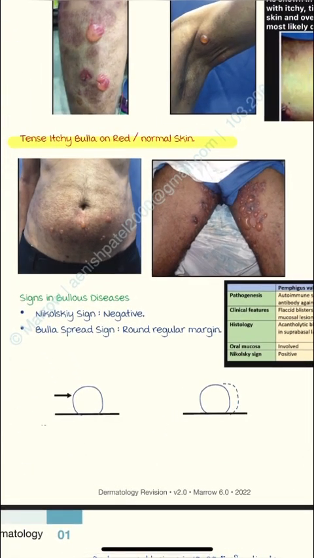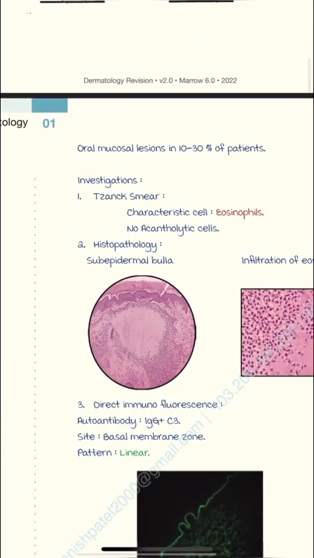Signs in bullous pemphigoid: Nikolsky sign is negative, and the bulla spread sign shows round regular margins. Oral mucosal lesions are seen in 10 to 30% of the patients. In investigation, Tzanck smear characteristically shows eosinophils and no acantholytic cells.